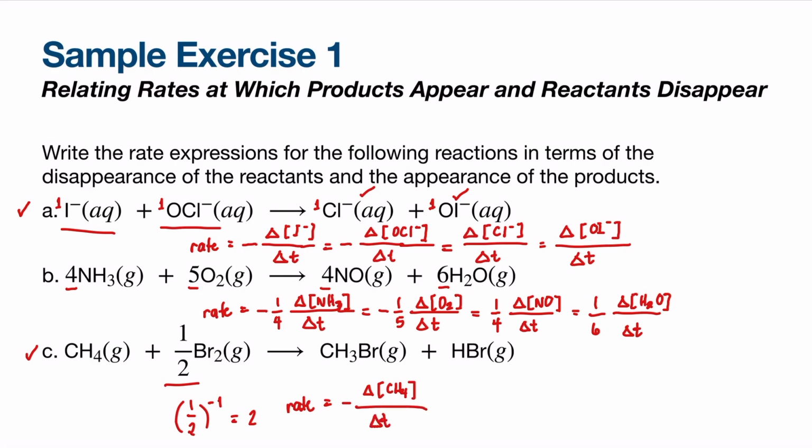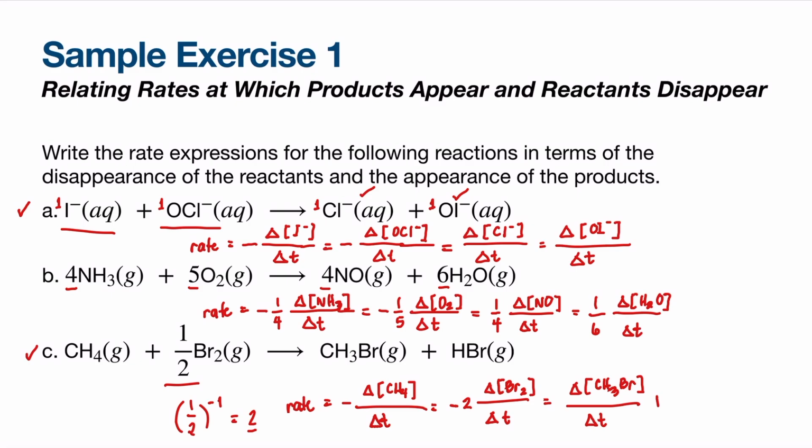divided by the change in time equals, since the reciprocal of the coefficient for bromine gas is 2, negative 2 times the change in the concentration of bromine gas divided by change in time, equals, for bromomethane or CH3Br, change in the concentration of CH3Br divided by the change in time.